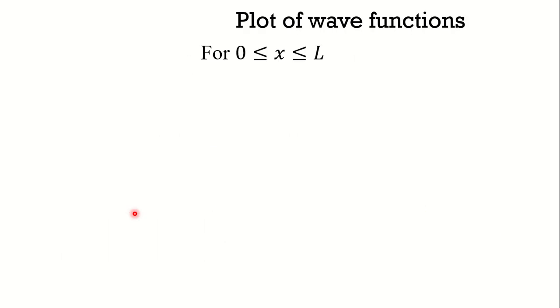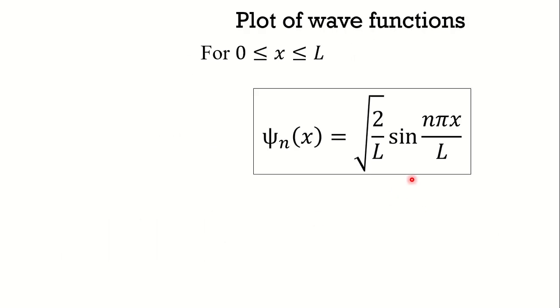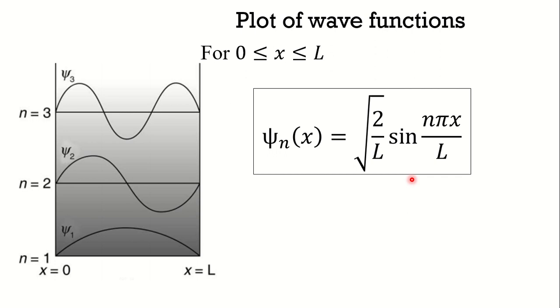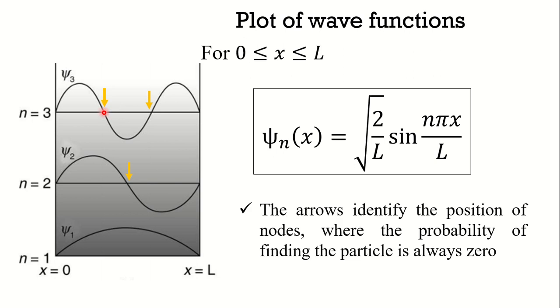Similarly, we can plot the wave function for other excited states. For example, this is for the first excited state, this is for the second excited state. One important thing to note here is the arrow position. The arrow denotes the position where the wave function is 0 all the time, and these positions are called nodes, as the probability of finding the particle is always 0 here.